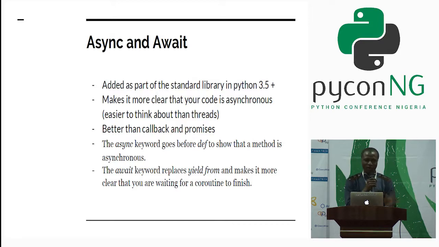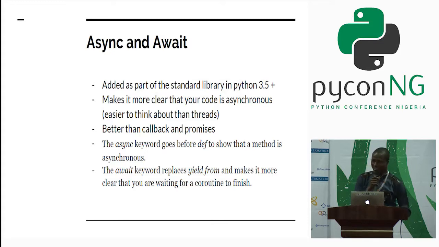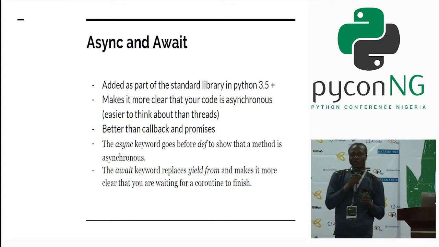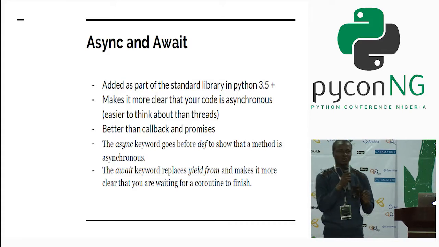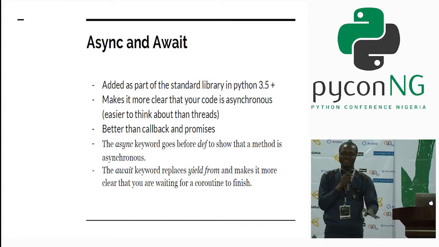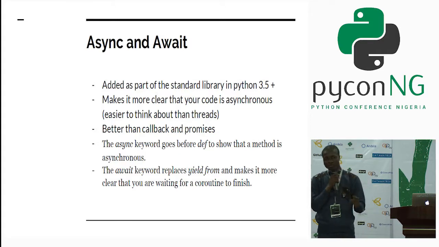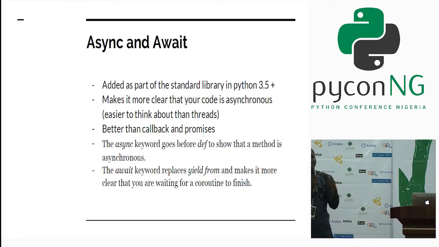Of course, it's better than callbacks. I don't want to start a language war here, but for those who have worked with a language that starts with J, one thing I hate about that language when I was coding in it, and I still code in it to date, is the issue of callbacks. It's so annoying. Initially it was really hard for me to wrap my head around.